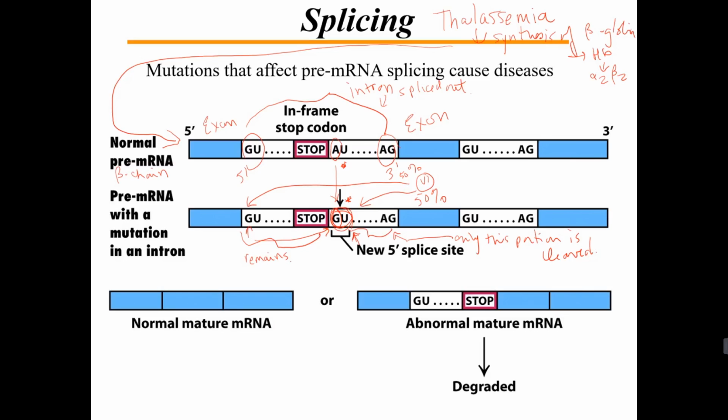Serendipitously, unfortunately, as you move along this intron, there's actually a stop codon right before that new 5' splice site. So rather than having the ribosome translate the entire transcript, once it reaches this critical point, the stop codon, it will actually truncate the transcript when it's being translated.